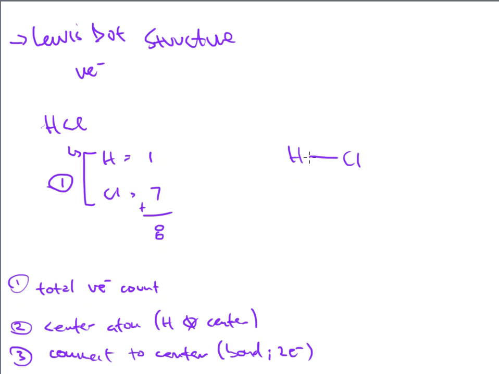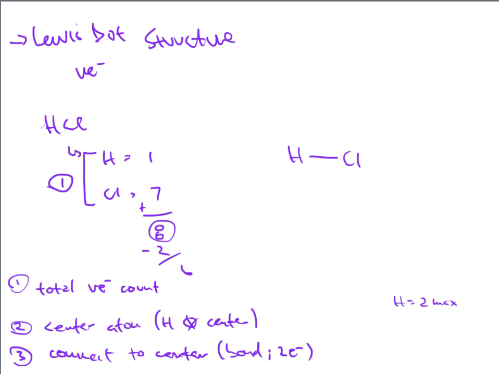So by drawing this line, this is two electrons right here. Well, I only have 8 that I can actually assign to this structure. I've already represented 2 of them. So I'll subtract 2, and this gives me a total of 6. I've got 6 left. I've got to figure out where they go. Well, hydrogen, this is kind of a funny one because hydrogen really only wants 2 maximum.